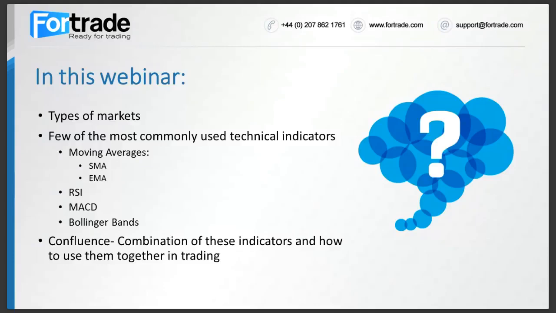They are not a crystal ball trying to predict the future, so you should not blame the indicators when a trade doesn't work out. No matter which of them you use, you should be aware that from time to time you're going to lose money and lose trades. All the trades cannot be profitable, as simple as that.